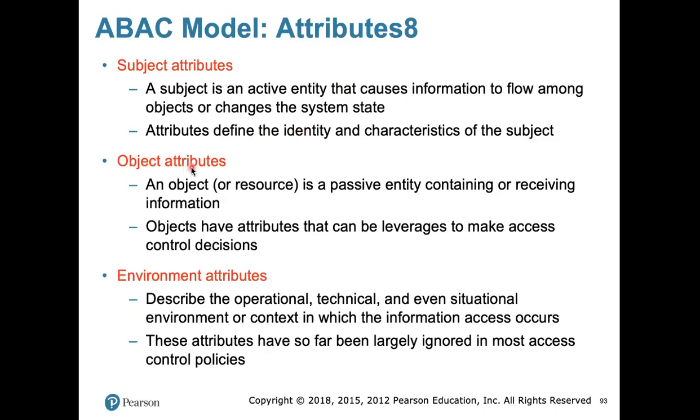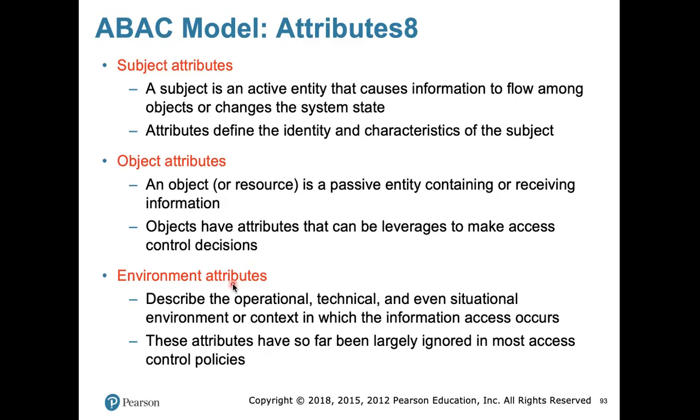The same thing, objects might be described by different attributes, and the attributes of the object can be used as leverage to make the decision. And something that we have for the first time in attribute-based access control is environmental attributes.